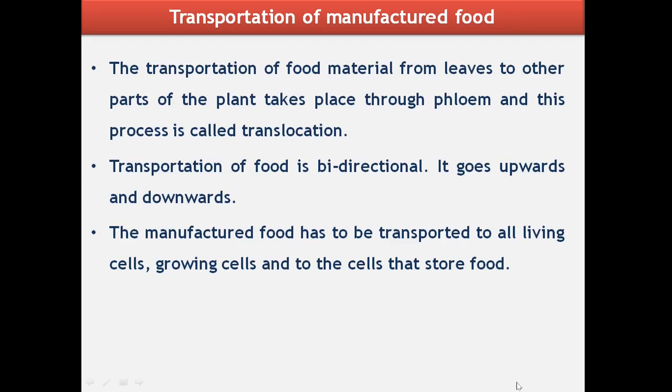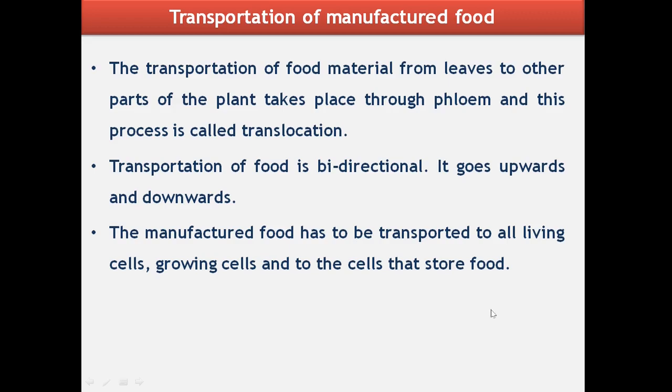Transport of manufactured food. The transportation of manufactured food from leaves to other parts of the plant takes place through phloem, and this process is called translocation. The actual process of translocation you will learn in your higher classes. The transportation of food is bidirectional.